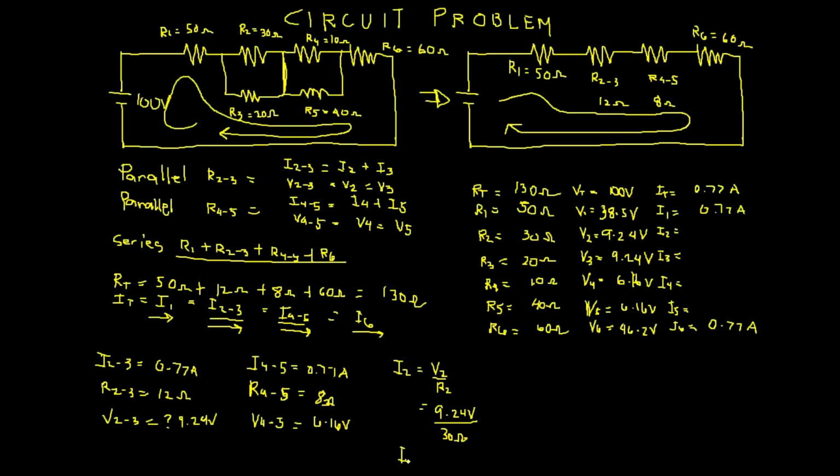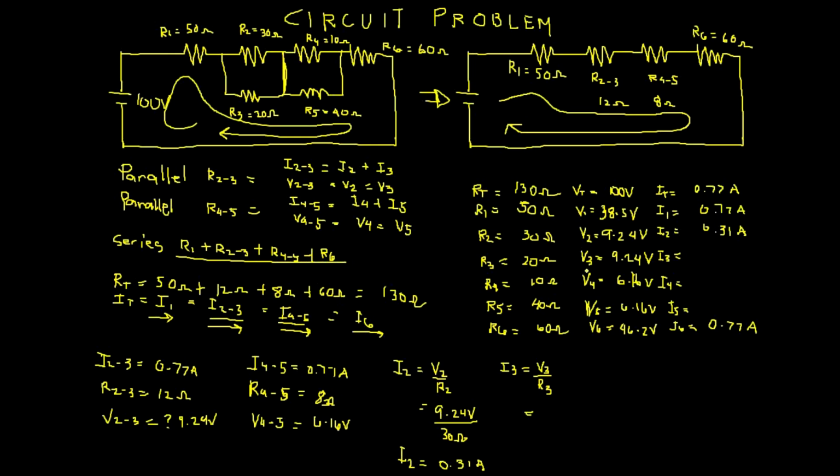So, ang I2 natin is 0.308 or 0.31 ampere. So, sa I3, next, voltage 3 divided by resistance 3.